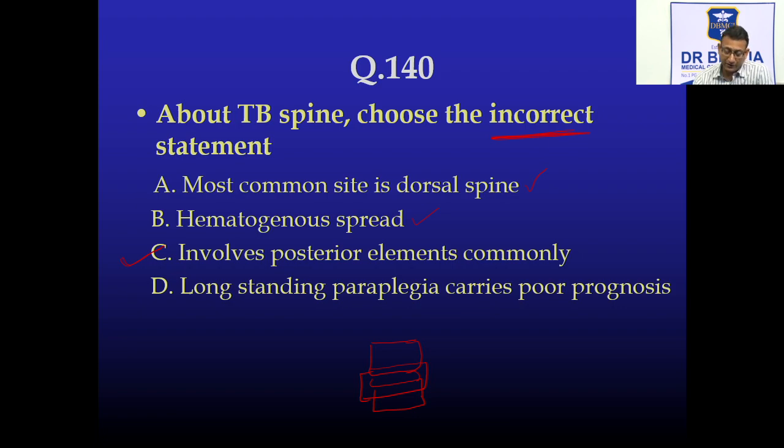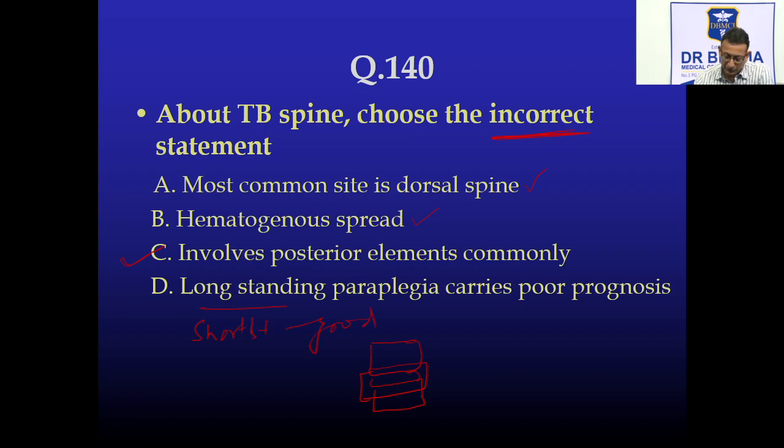Next statement, they have said that long standing paraplegia carries poor prognosis. That is true, if there is a pressure over the spinal cord or spinal nerves for a long time, their blood supply will be hampered and their recovery will not be that good. On the contrary, the short standing paraplegia has good prognosis. Okay.